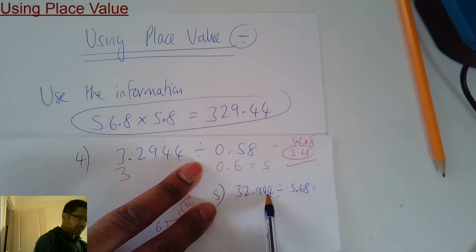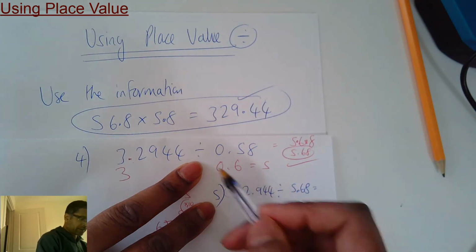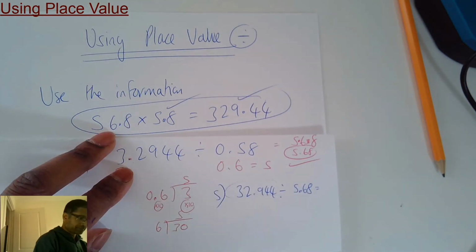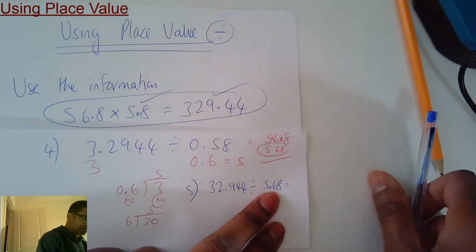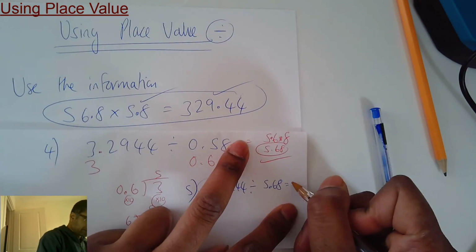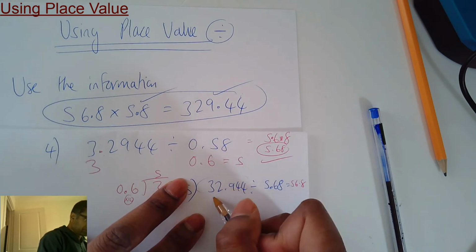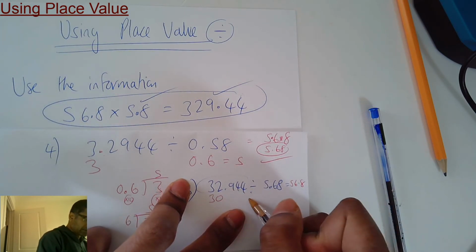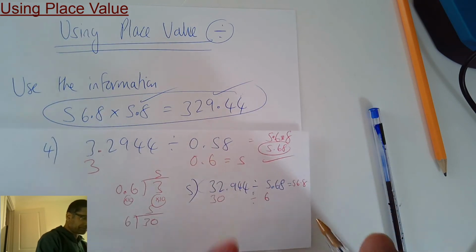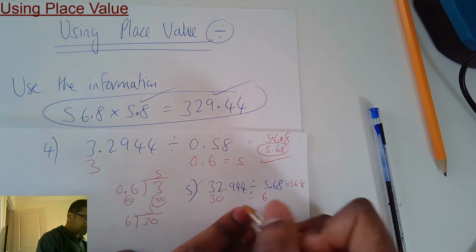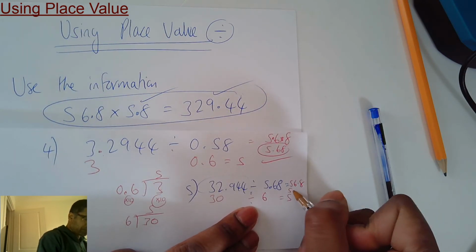So you can see that number there kind of exists over here. That one there kind of exists over there. So it's going to be that one then, isn't it? 56.8. So we have now 32, that's around about 30, divided by 5.68, which is around about 6. So 30 divided by 6 is 5. So that one there should be 5.68.